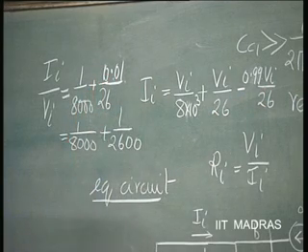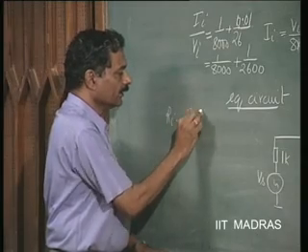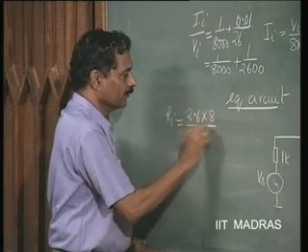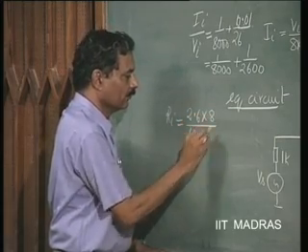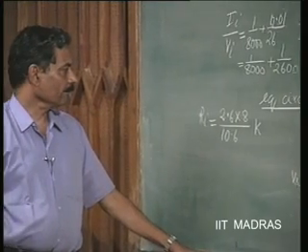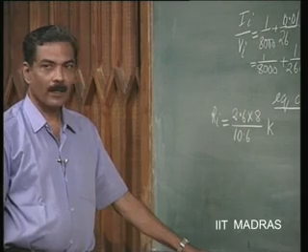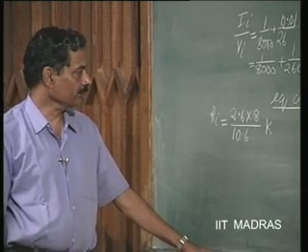So, you can see that Ri is nothing but 2.6 K parallel 8 K, so many kilo ohms. How much is this? Please calculate this.